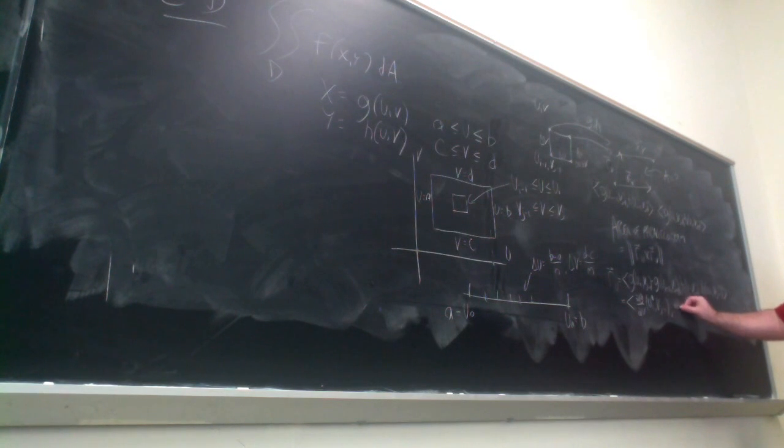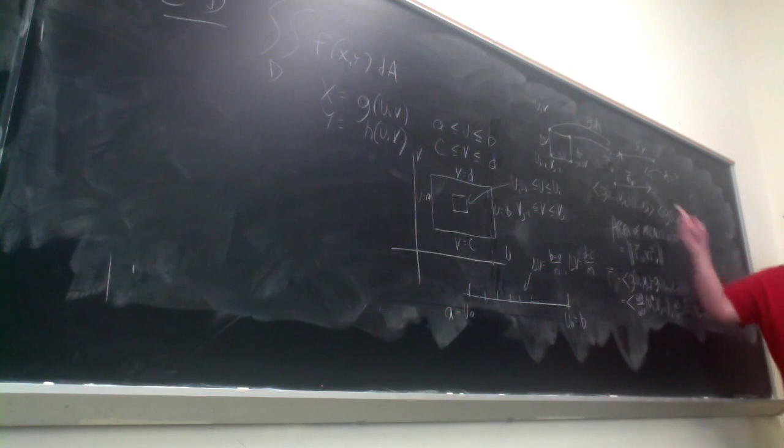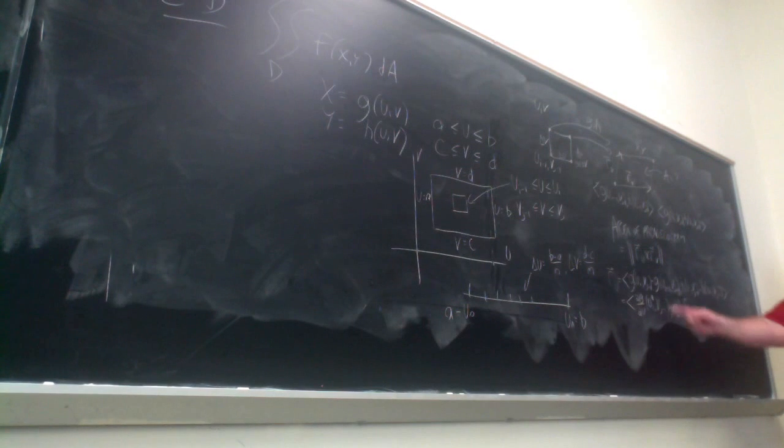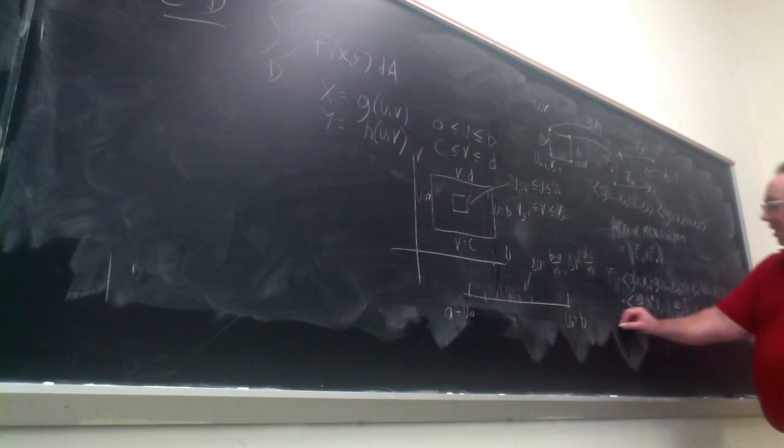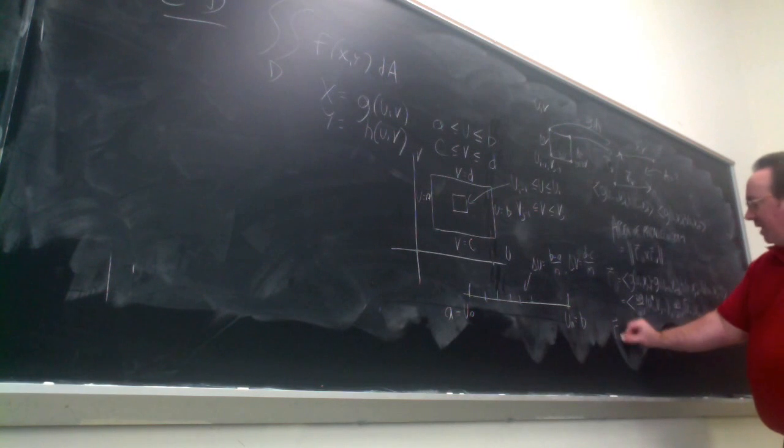And then I have partial h with respect to u, also at some unknown point. Okay. Actually, these unknown points are not necessarily the same, so I'll just put a tilde right there. Okay. So the point is, this edge can be expressed in terms of partial derivatives of g and h with respect to u. I can do the same thing with the other edge, RV.